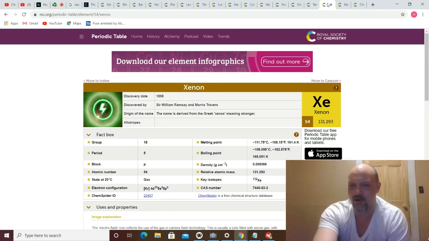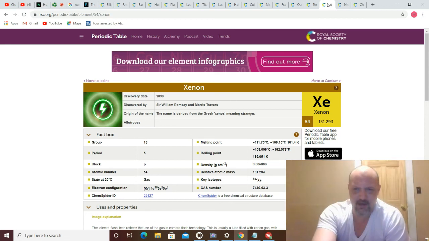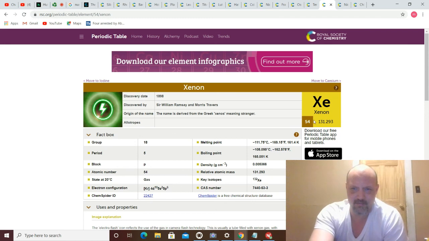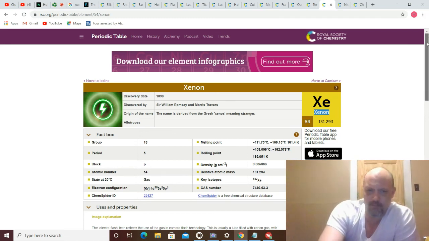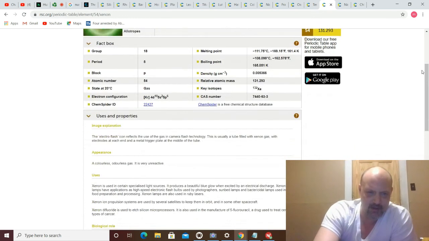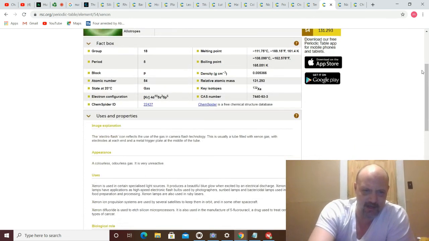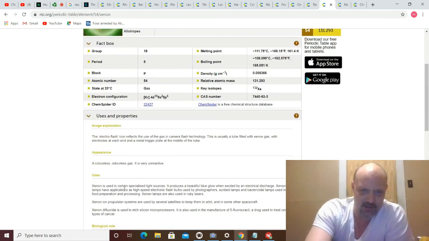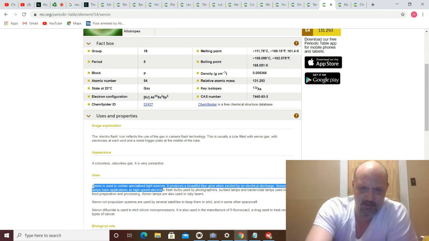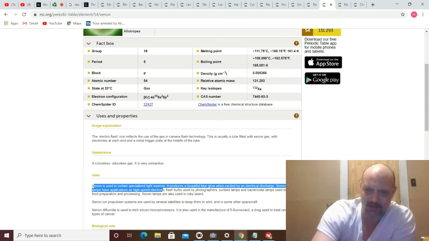atomic number 54, and that is xenon. 54, xenon. Colorless, odorless gas, very unreactive. It has some uses. Certain specialized light sources. It produces a beautiful blue glow when excited by electrical discharge.